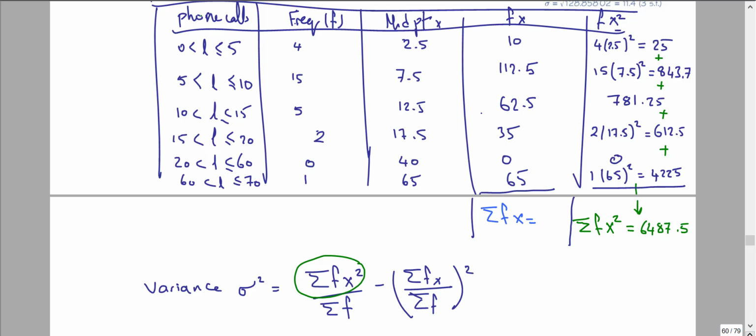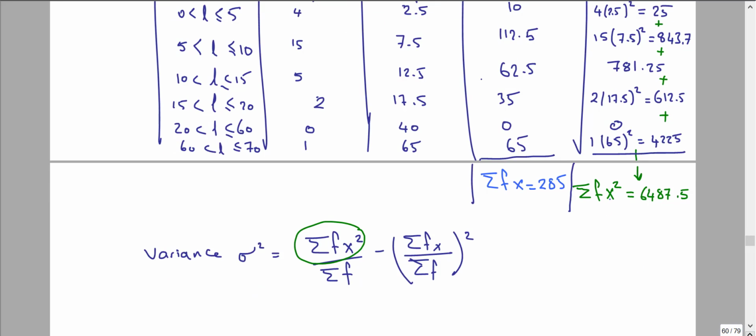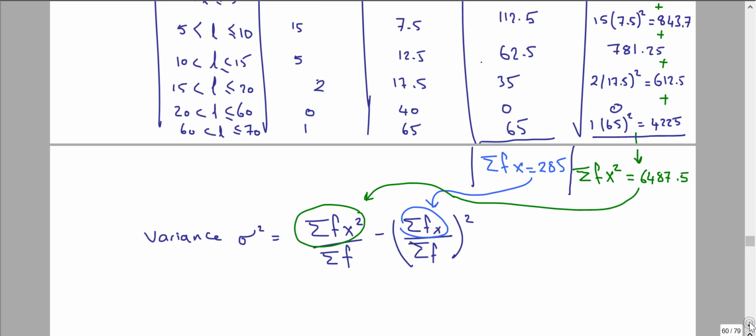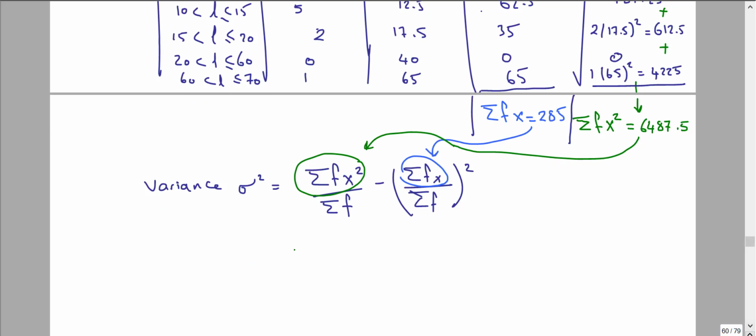The answer will be 285. Now we have sigma fx squared and we have sigma fx. This is here, this is here, and this one here. You just substitute. What's sigma f?